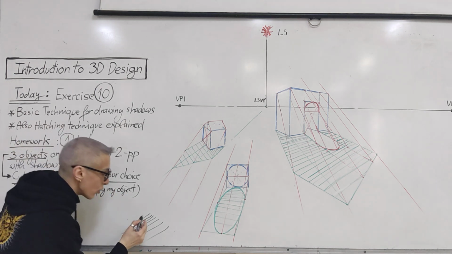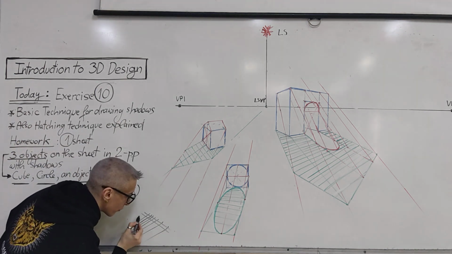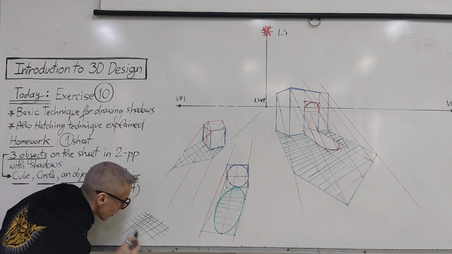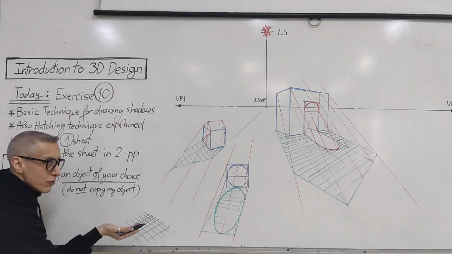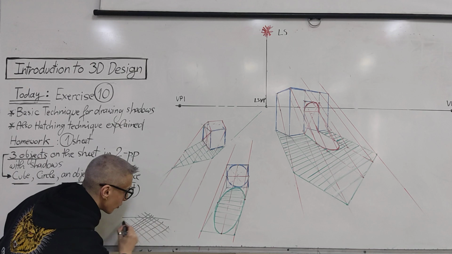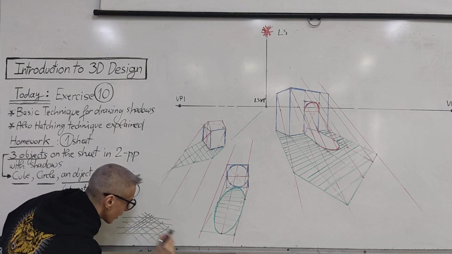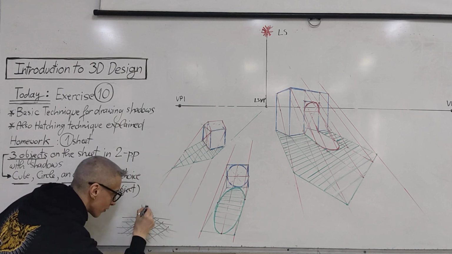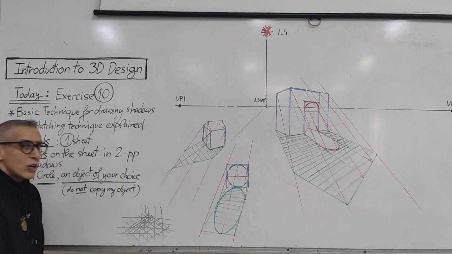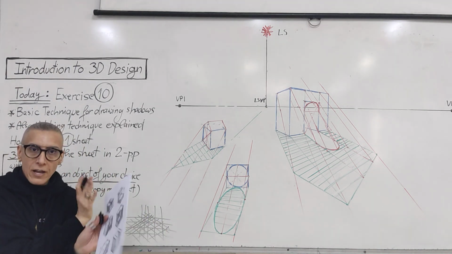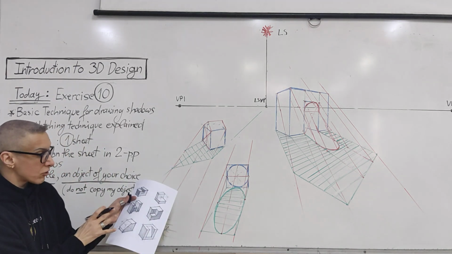There is also something you can add, other lines at 45 degrees, okay? So, this is 45, 45. And then, you can add lines again, and again lines. So, hatching in several directions can create darker shadows.